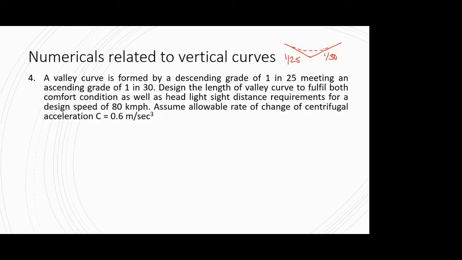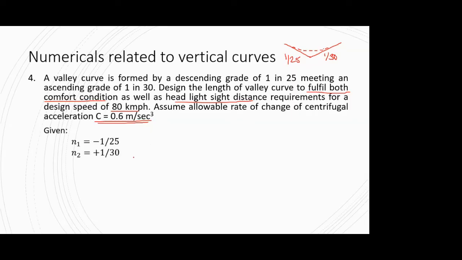They have specifically mentioned that you have to fulfill both criteria, the comfort criterion, that is you have to design that valley curve as a transition curve, as well as the second criterion, that is the headlight sight distance. Design speed is given as 80 kmph, and the rate of change of centrifugal acceleration needed for designing the valley curve as a transition curve is 0.6 meter per second cube.